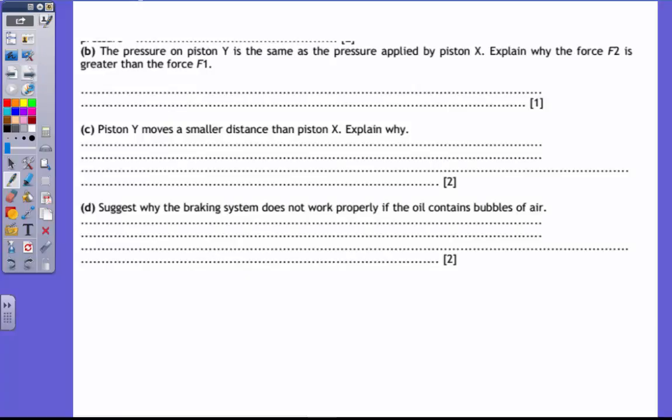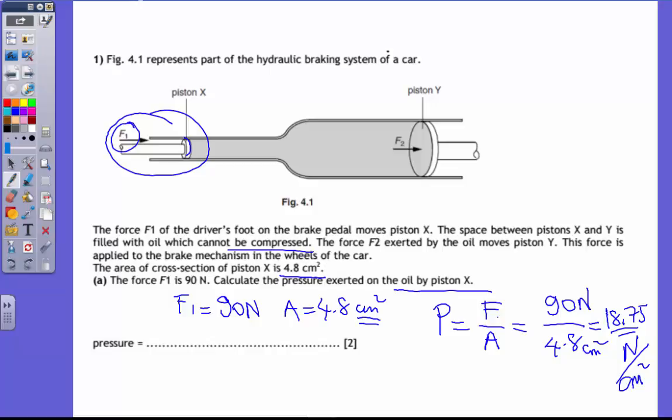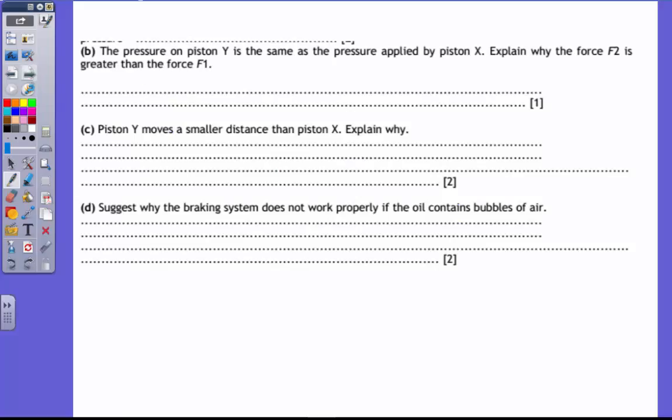Let's continue. The pressure on piston Y is the same as the pressure applied by piston X. Explain why the force F2 is greater than force F1. When we look at the pistons, pressure 1 is equal to pressure 2.